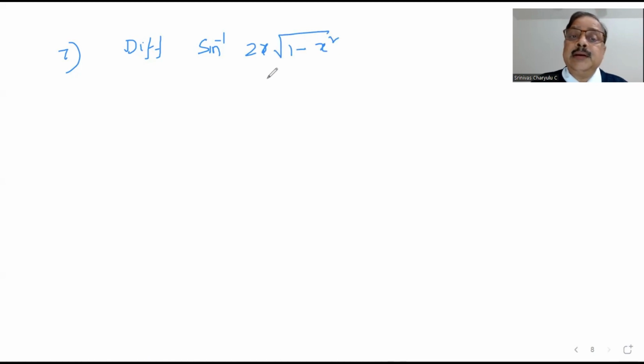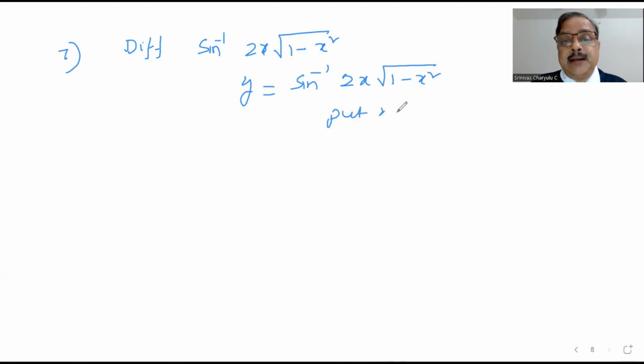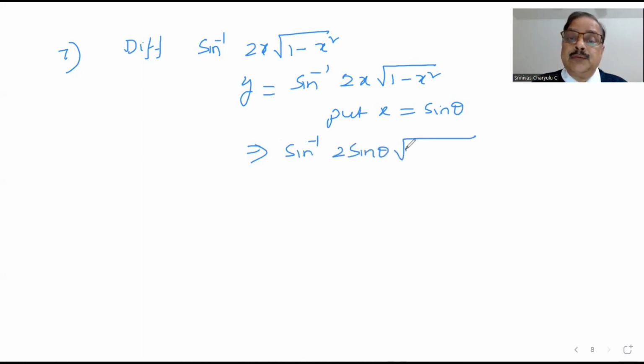So here, now we don't put tan theta. In this sum specifically, we'll put sine theta. Let y is equal to sine inverse 2x root 1 minus x square. Put x is equal to sine theta. What will happen now? Sine inverse 2 sine theta root of 1 minus sine square theta. So what you will get here now?